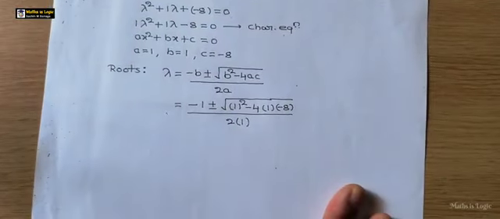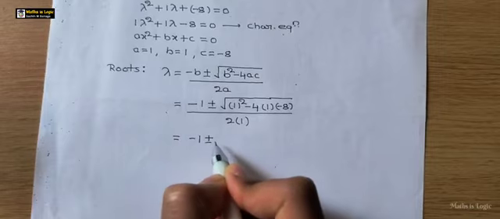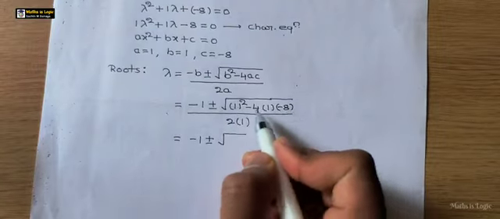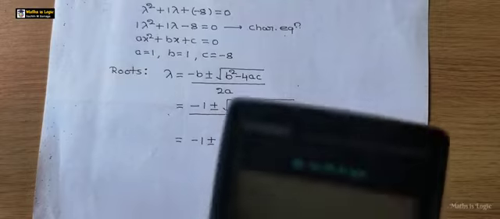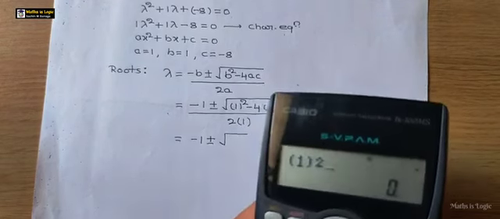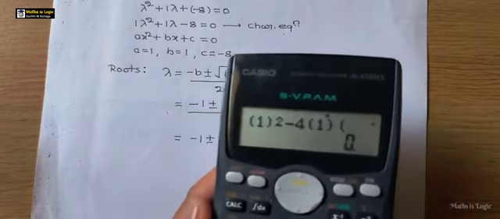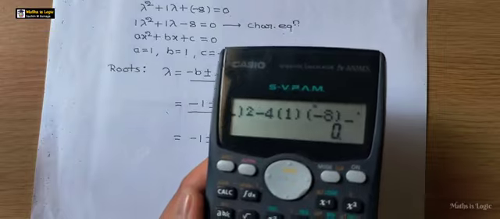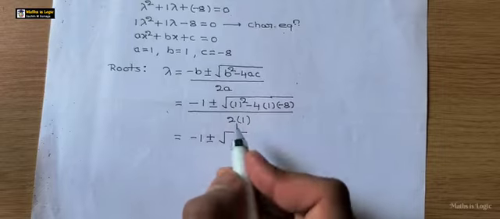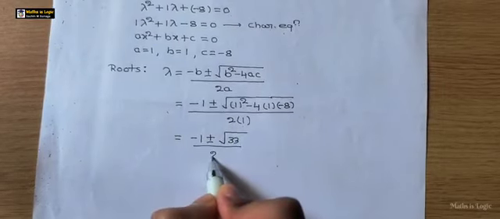Now which is equals to minus 1, keep it as it is, plus or minus square root also keep it as it is, directly use the calculator. So 1 square minus 4 into 1 into minus 8, complete the bracket, is equals to, so what is the answer? 33. So square root of 33 divided by 2 into 1 is 2.